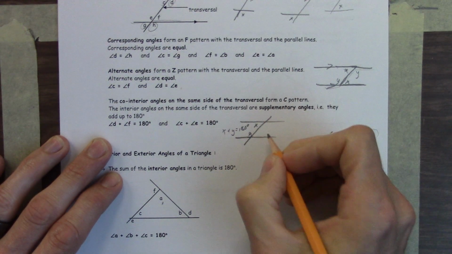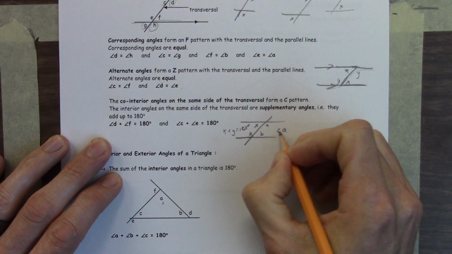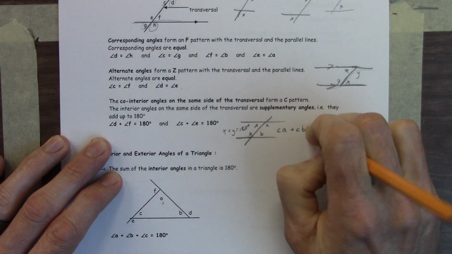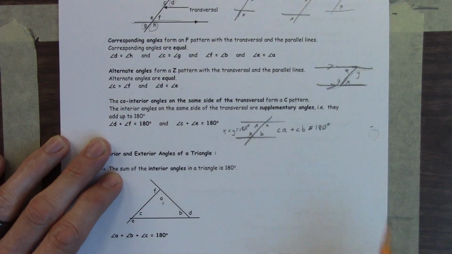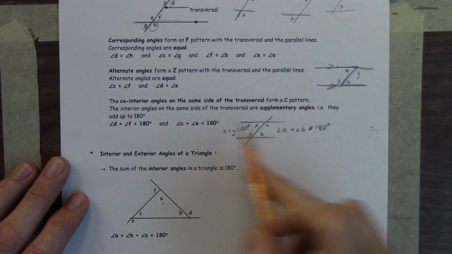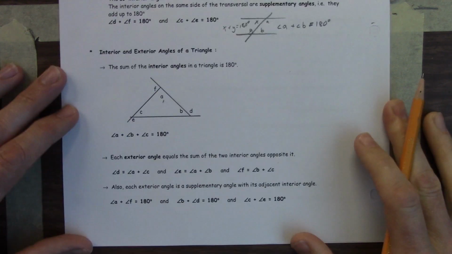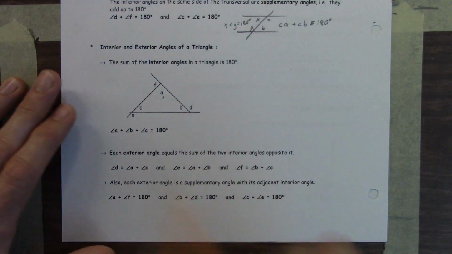And likewise on the other side, you could have A and B. Angle A plus angle B is equal to 180 degrees. Okay? So using all of these tricks and patterns, we're going to be able to solve some problems.